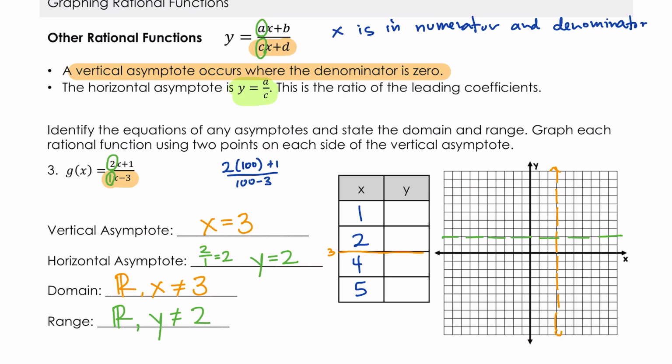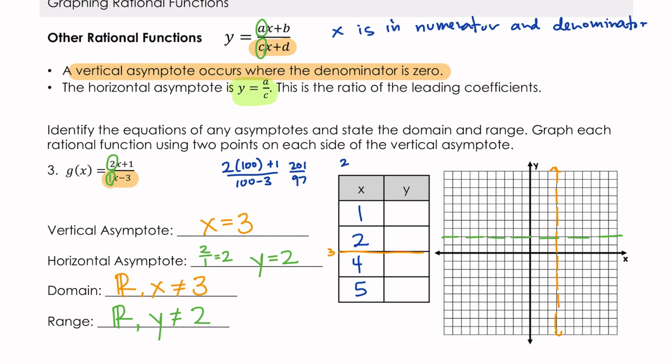They're saying basically that's going to be like 200 over 100, which is getting close to the number 2. Now we have this plus 1 and we have this minus 3, so it's going to be slightly off, like 201 over 97, but that's still going to be really close to 2.